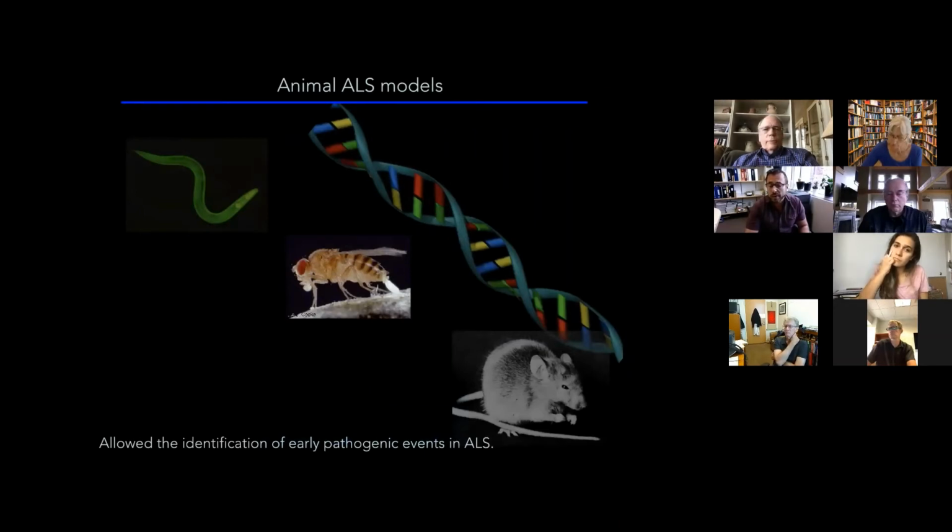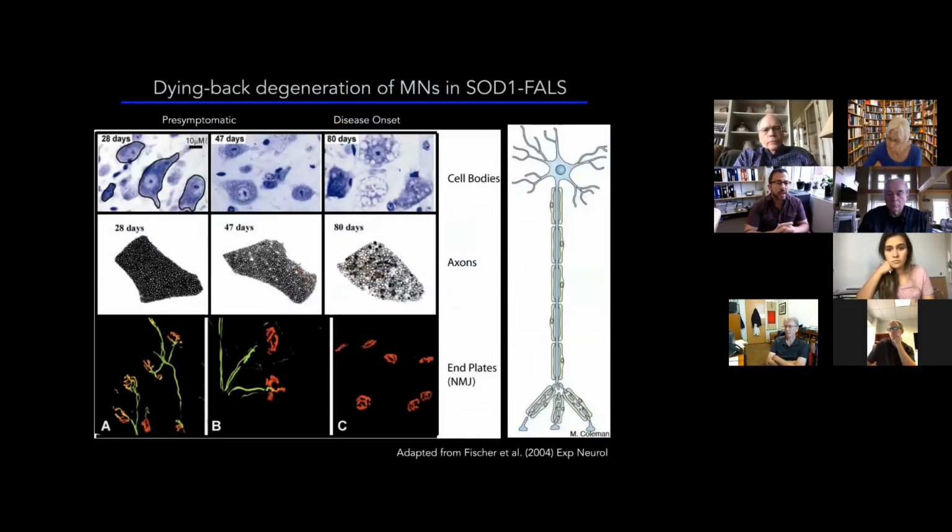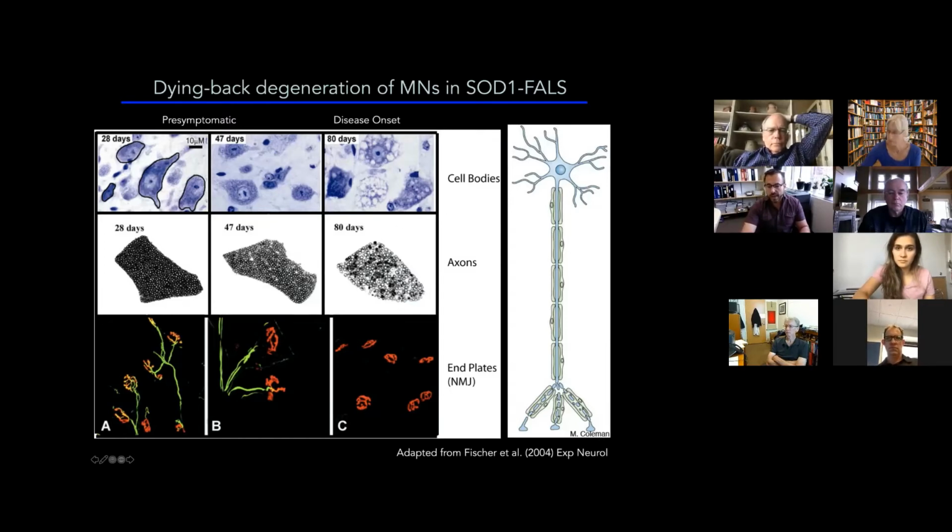So for many years, a lot of the research was driven by the end state of the disease. But as animal models became available, we learned more about what happened much earlier in the course of the disease. This is what I consider a classic slide from the group of Jonathan Glass, which many of you are familiar with, that illustrates different sections: the ventral horn of the spinal cord, the axon, and the neuromuscular junctions at the very end of these axons.